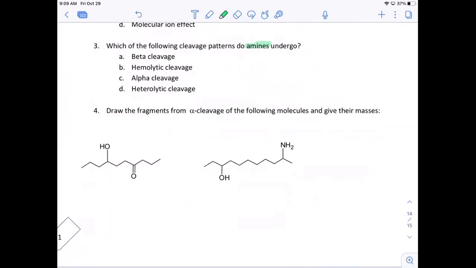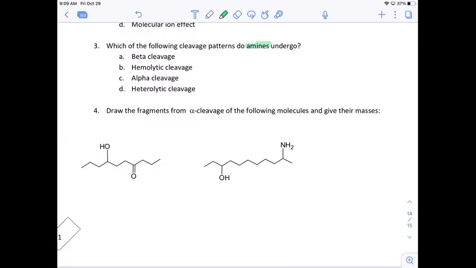What was the last thing we talked about on Wednesday? We talked about different patterns: the parent, the base, and one other one. But then we also talked about where fragments, like where the molecules break up.